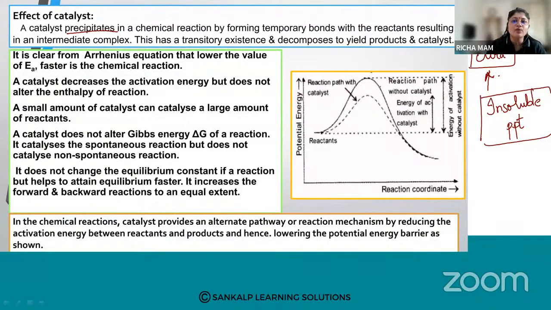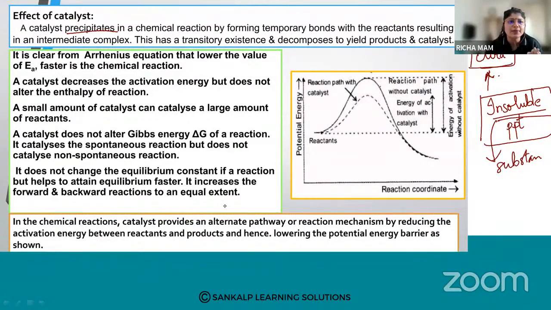It can be a white ppt, or sometimes we call it a yellow ppt. So some reactions give you a ppt, which is an insoluble solid or insoluble substance. It won't get soluble, so it remains like curd in the reaction.